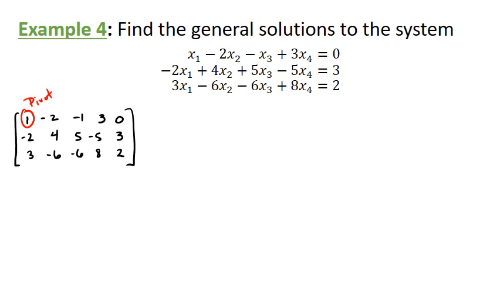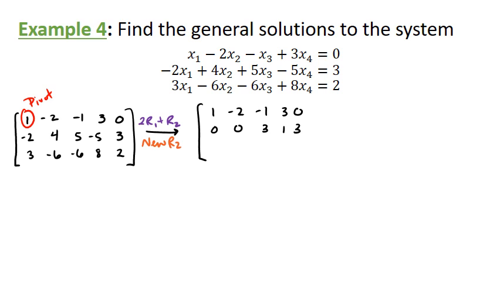So I'm going to begin that process. I'm going to take row 1, multiply it by 2, and add that to row 2. And this will give me my new row 2. So row 1 will remain the same, but row 2 becomes 0, 0, 3, 1, 3.